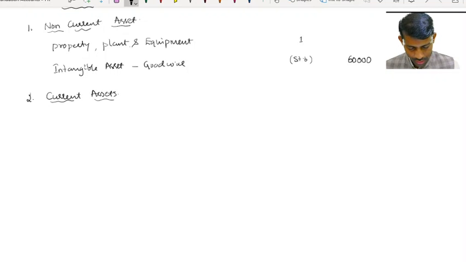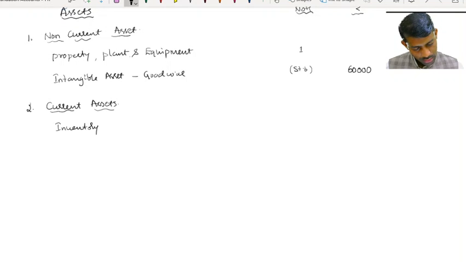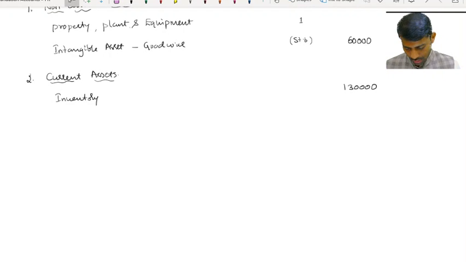Next, current asset. Under current assets, first one is inventory. Here no stock reserve, nothing, so you can directly add it. No split is required. 1,30,000 in total. Then debtors and bank are classified into financial assets.